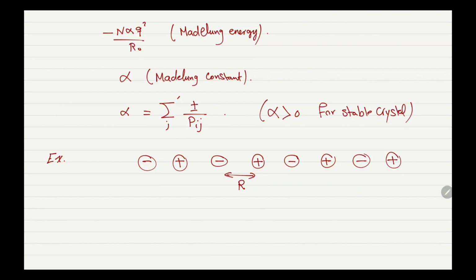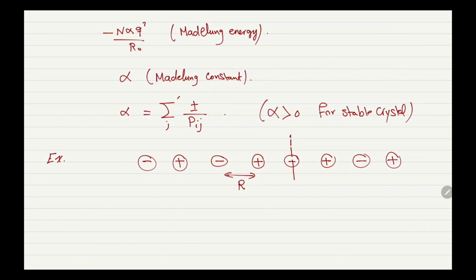Now let's take the reference point to be a negative ion. The reason why we take the negative ion is that the plus sign will apply to positive ions and the minus sign will apply to negative ions. Otherwise, if we take the positive ion as a reference, the negative will apply for the positive and the positive will apply for the negative, and that is confusing.